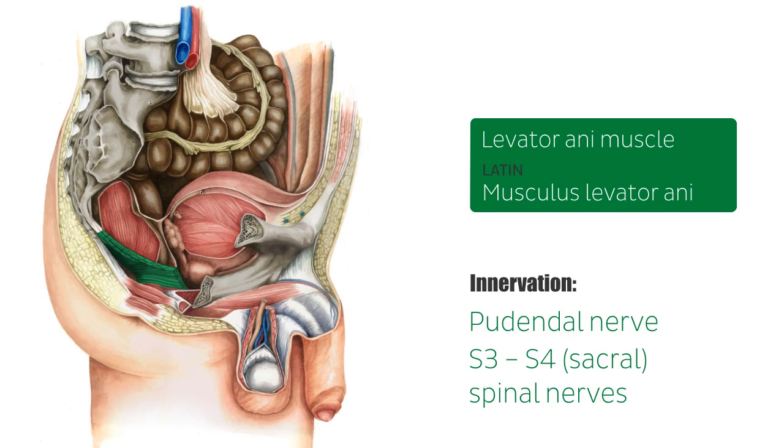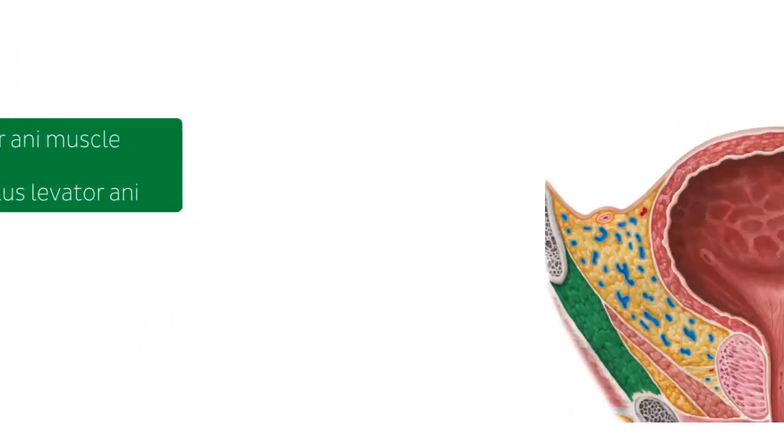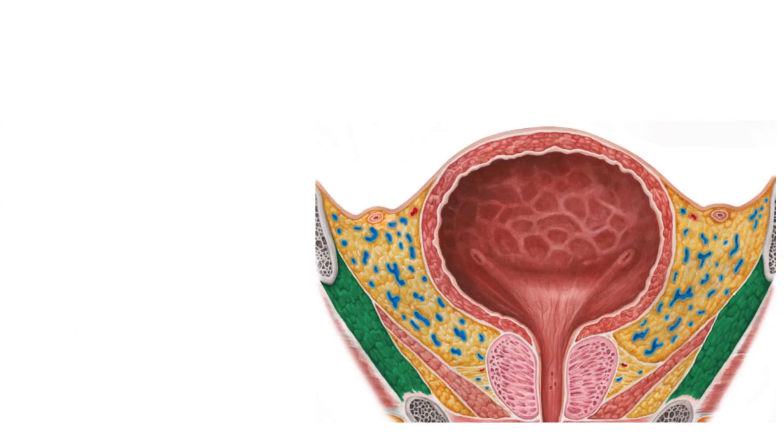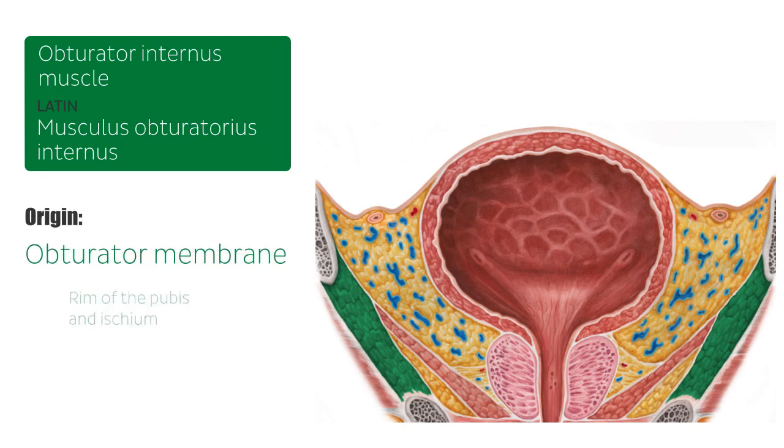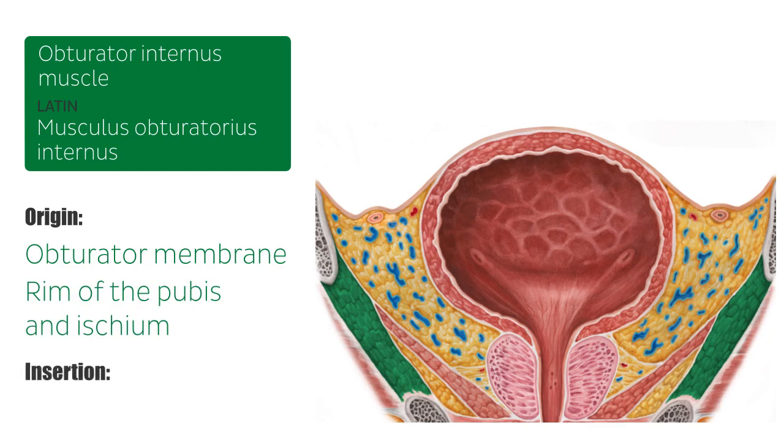The next muscle, going back to this image of the coronal section, we're seeing now another muscle highlighted, which is known as the obturator internus. Though seen here as part of the muscles of the male pelvis, it acts to facilitate lateral rotation, abduction, and adduction of the thigh. It has its origin in the inner surface of the obturator membrane, as well as the rim of the pubis and ischium, and will be inserting just above the trochanteric fossa.